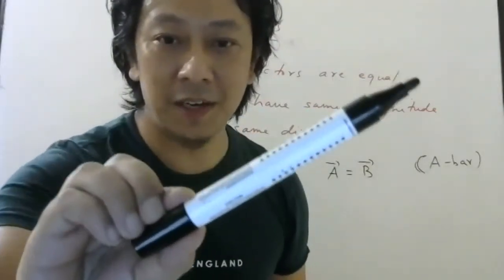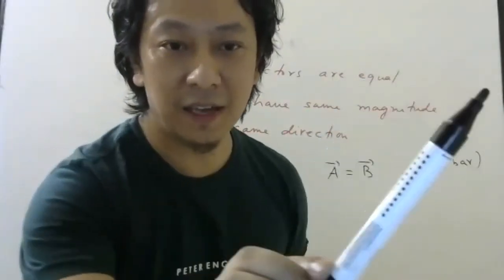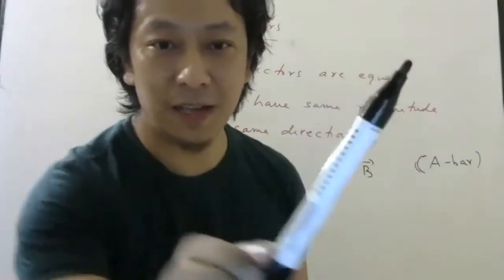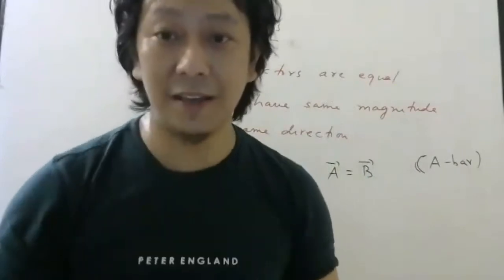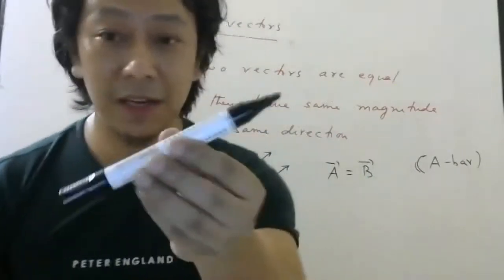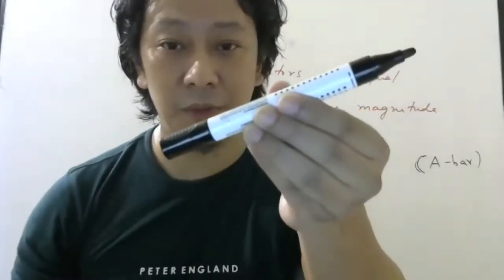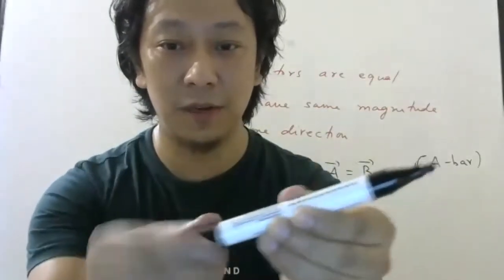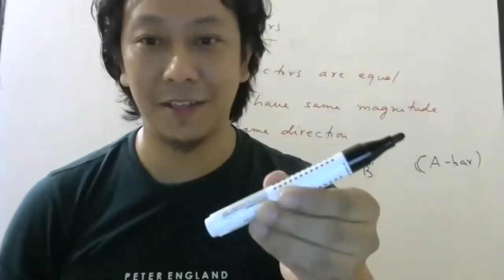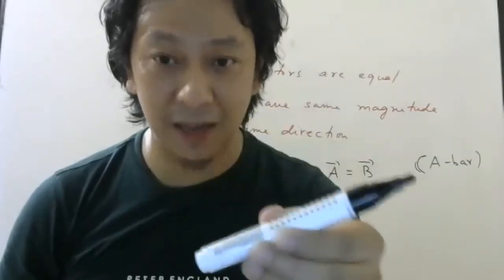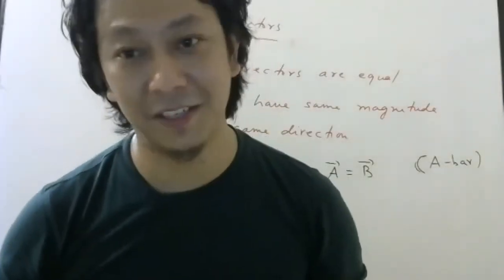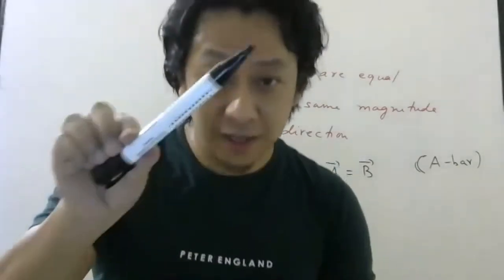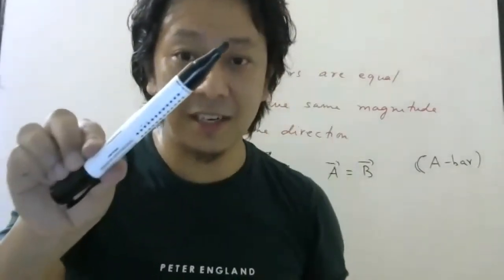If this is a vector, and if I turn it like this, then it is not same because you have turned. So once you turn, the direction will change. Similarly, you may bring it parallel, but if you change the length, then the magnitude has changed. So keep in mind, if a vector is like this, you can translate it this way.